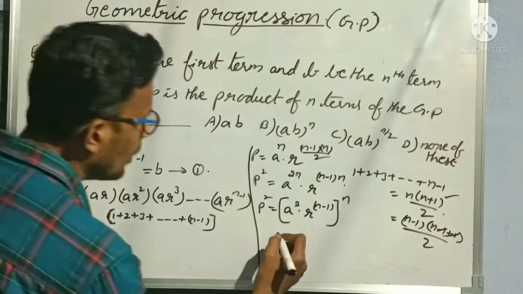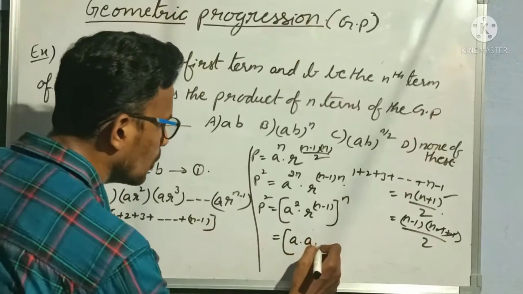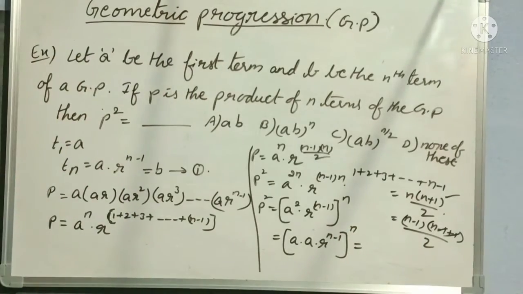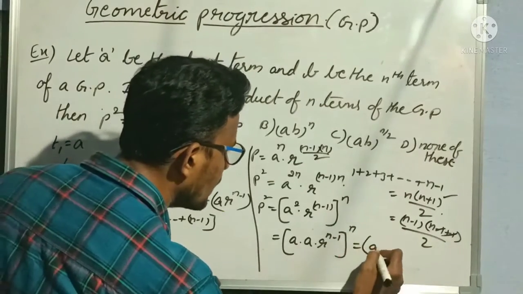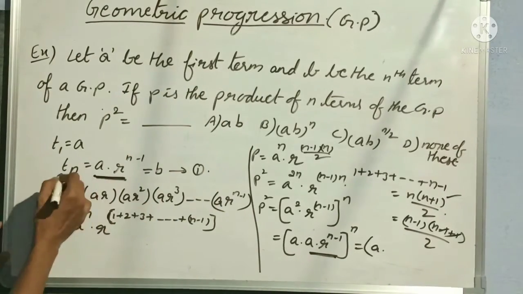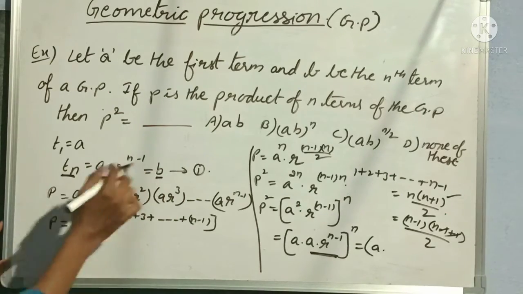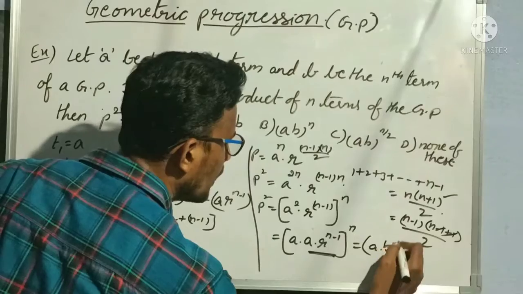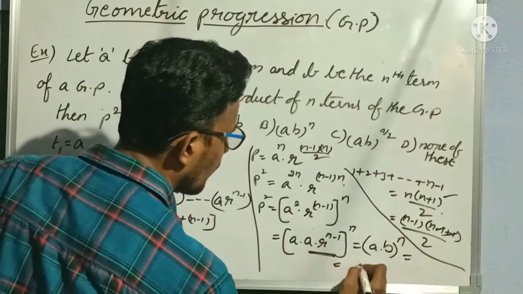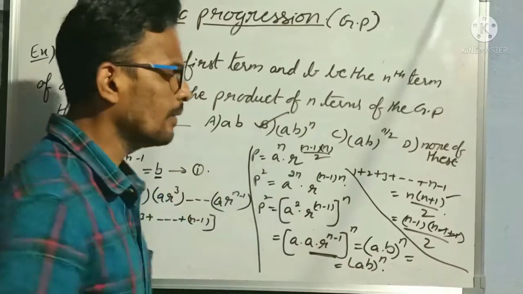Now this is equal to A square; I can write A into A power n minus 1, so A into r power n minus 1 whole power n. So the first A as it is, and this A into r power n minus 1 is the nth term, which is given here as B. So in the place of A into r power n minus 1, Tn, we substitute B. So A into B whole power n, which is our answer: AB whole power n.